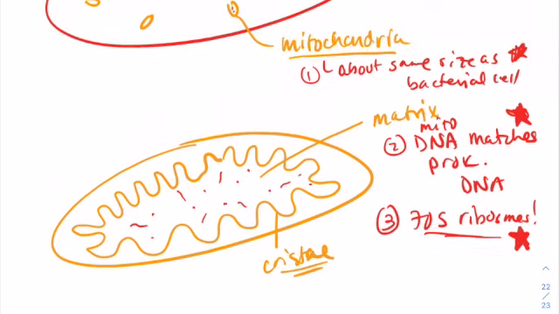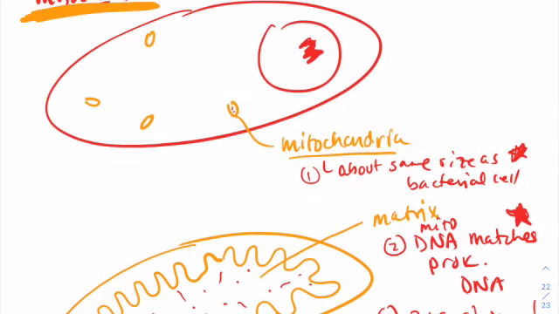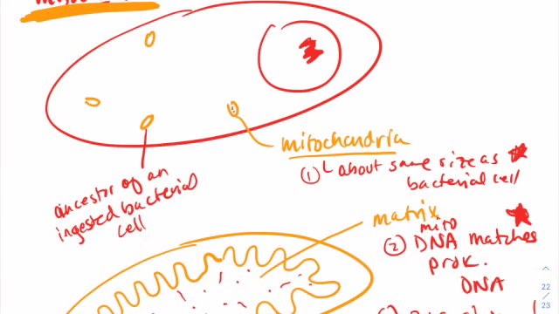If you're thinking what I'm thinking, this is the evolutionary result of a long ago ingested bacterial cell. It's an ancestor of an ingested bacterial cell from way, way, way back.